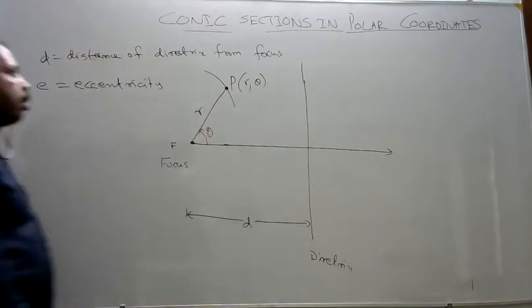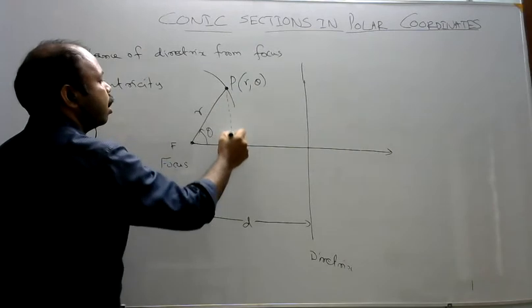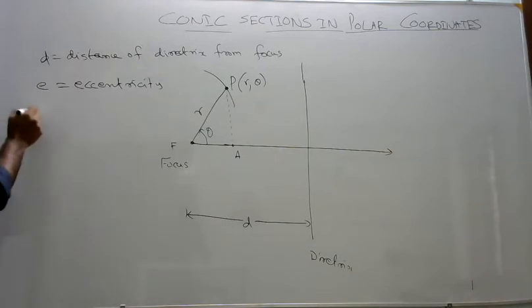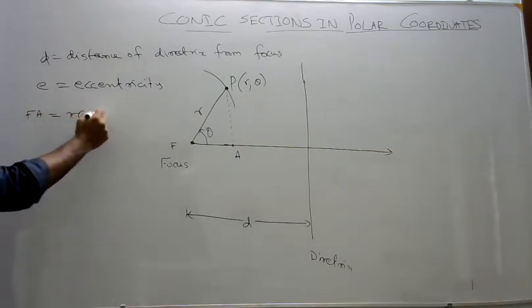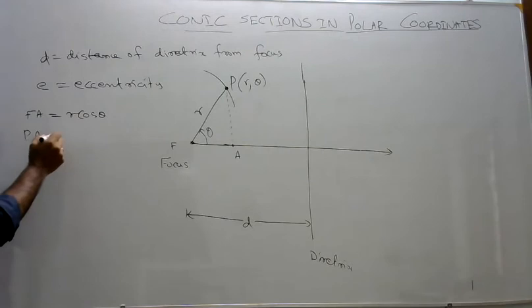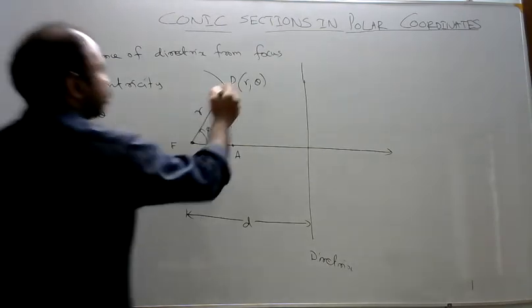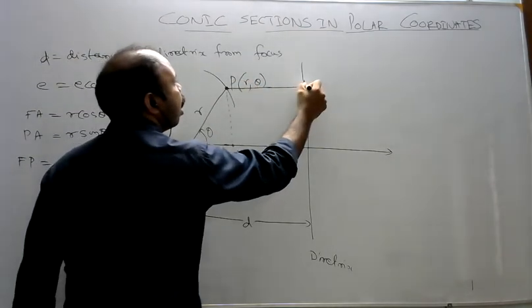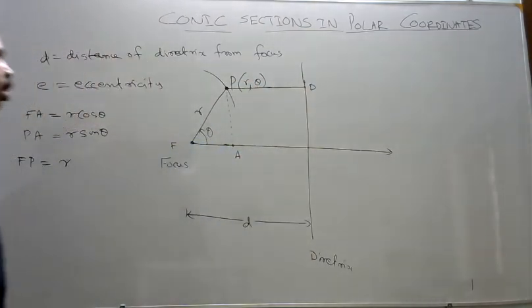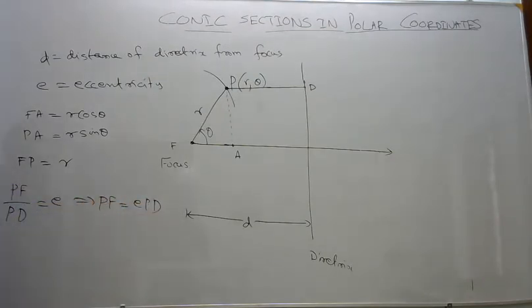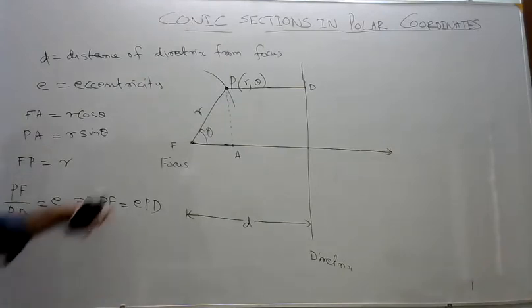In order to derive the equation, we consider this line, say A. We can see that FA equals r cos theta and PA equals r sin theta. This is D. Now we know that for a conic, PF by PD equals e, or PF equals e times PD.